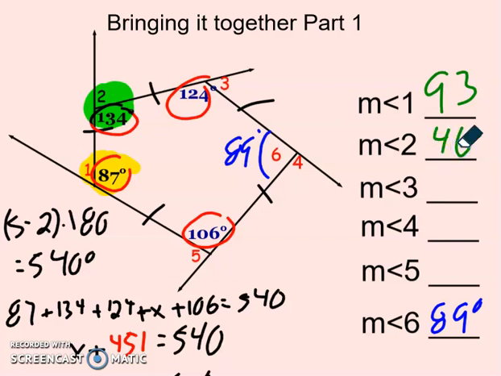For number 3, we have 180 minus 124. We get 56. For angle 4, we have 180 minus 89, which gives us 91. And then for angle 5, 180 minus 106 to give us 74.